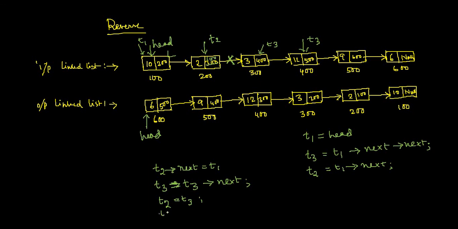So let's define T1 as T2. Fine. I've done this. So what will happen? That means now this is pointed by T2 and this is pointed by T1. T1 is not pointing here. That is sure, right?